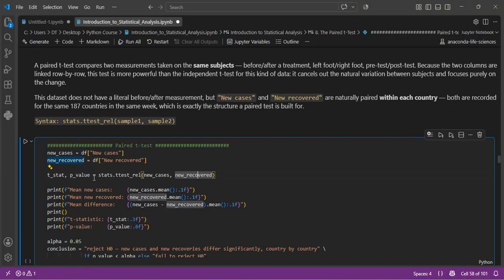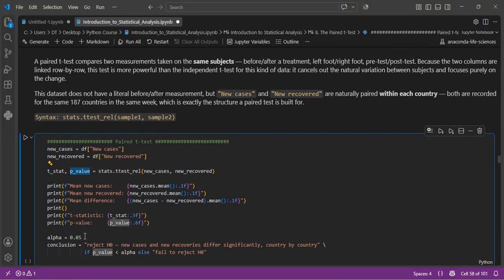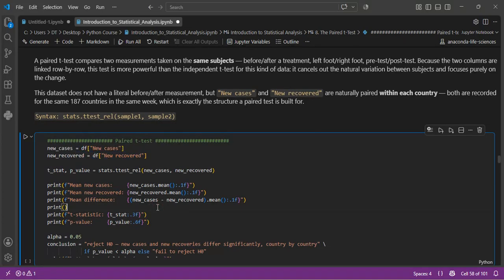And then the p-value gives you the probability at which that particular difference, which is the t-stat, is not purely random. So we compare this to the significance level, which is alpha, to know whether the differences between the two columns of our data are not just by random, but are actually true differences.